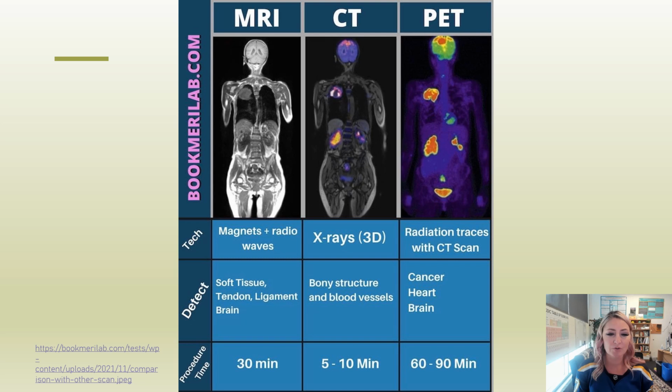So your MRIs are being used for soft tissue, tendon, ligament, and brain diagnosis versus X-rays, which are more for your skeleton, sometimes blood vessels, and then that PET scan can be used for cancer, heart, brain, a lot of different things like that. And then the time frames, I had no idea how fast a CT scan is compared to a PET scan. Anyway, found that really interesting, thought you'd like looking at it.